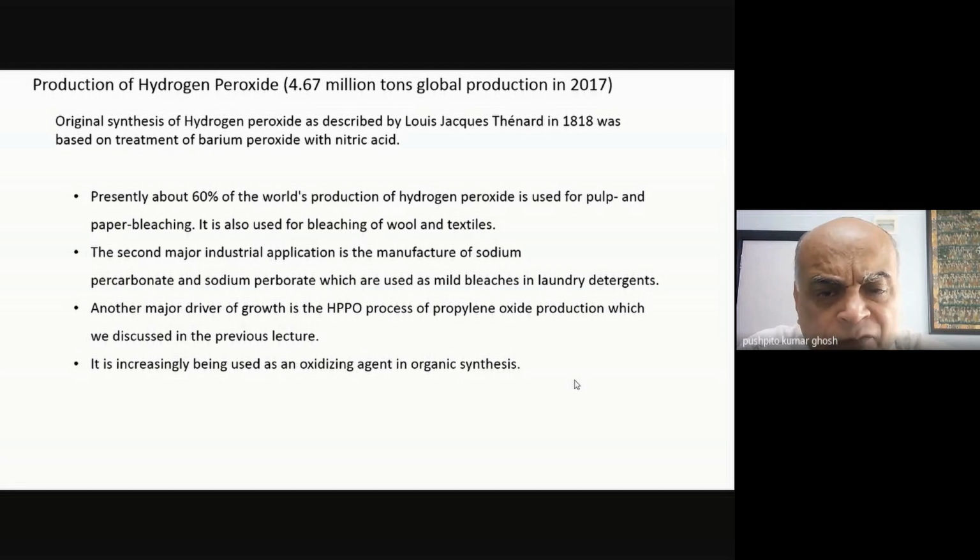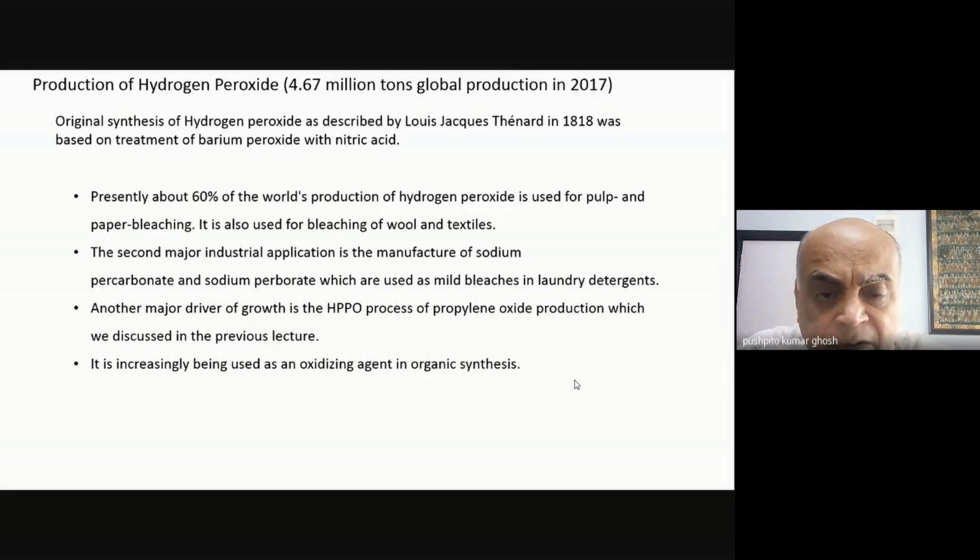So roughly about 60% goes for that. Another is, we had seen that you can incorporate hydrogen peroxide inside soda ash, sodium carbonate, and that becomes your sodium percarbonate, which is very big for the detergent industry. So that's another big area.